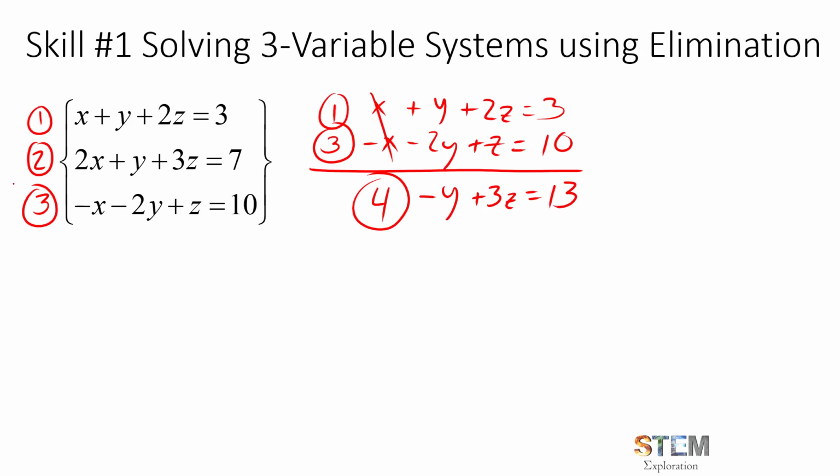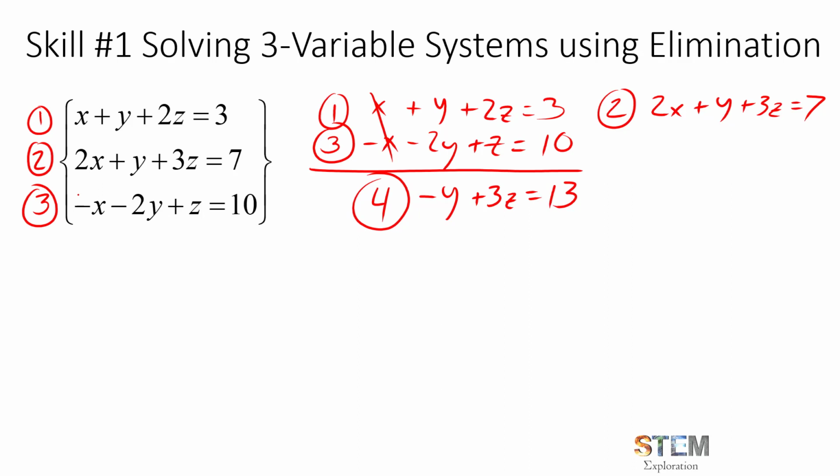So I have to take equation 2, 2x plus y plus 3z equals 7, and combine it with something else. It'd be like asking equation 1 and equation 3 for their opinion and then not asking equation 2 what they thought of the situation. And you want to know what they think, because if you want to find a solution that works for all three, then you have to use them.